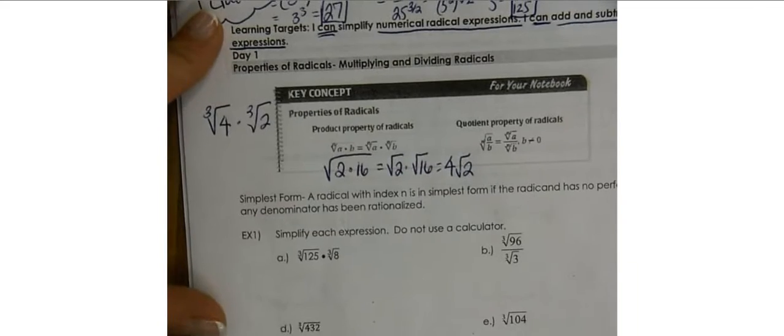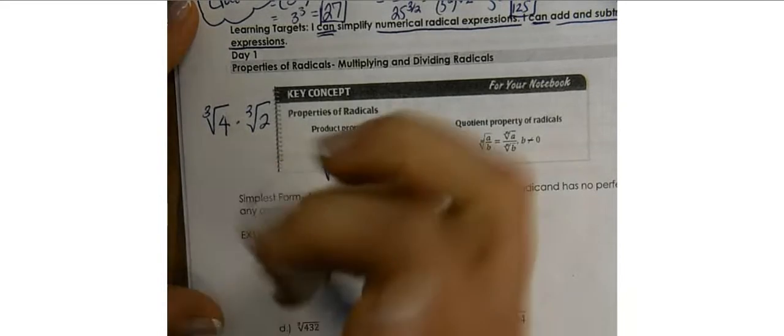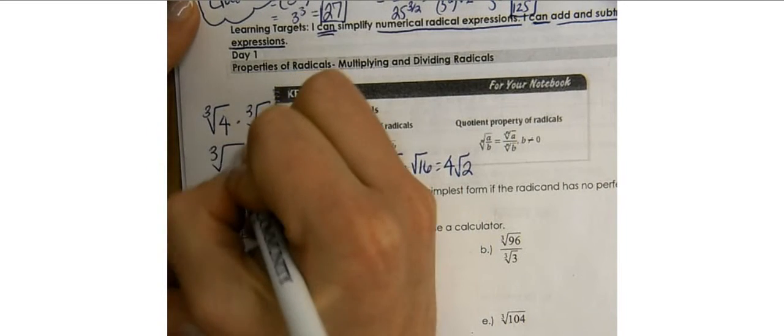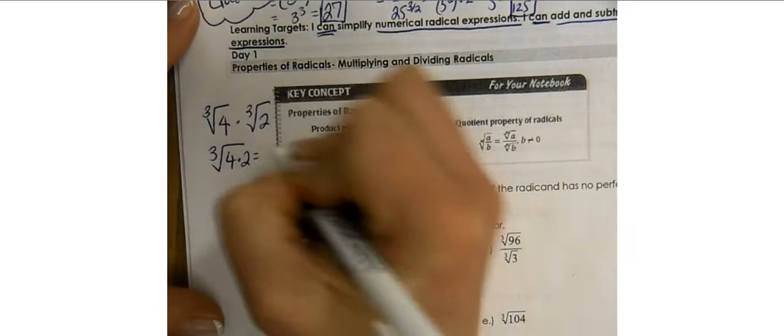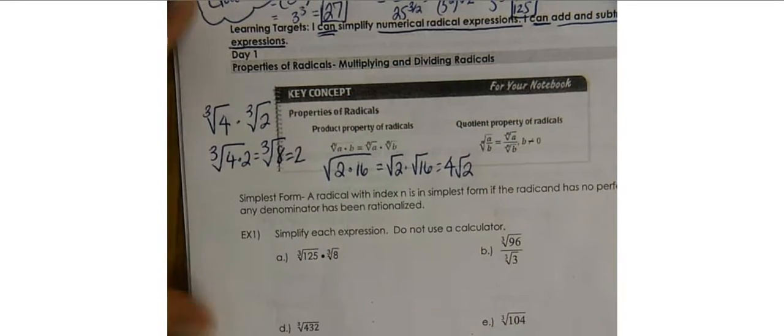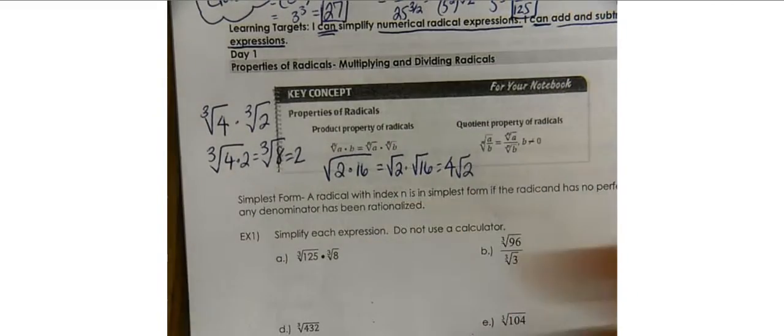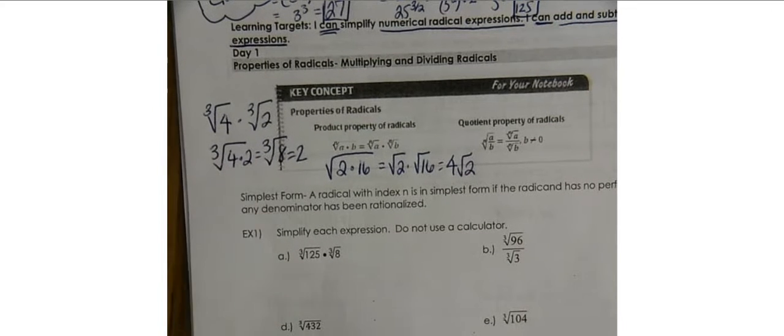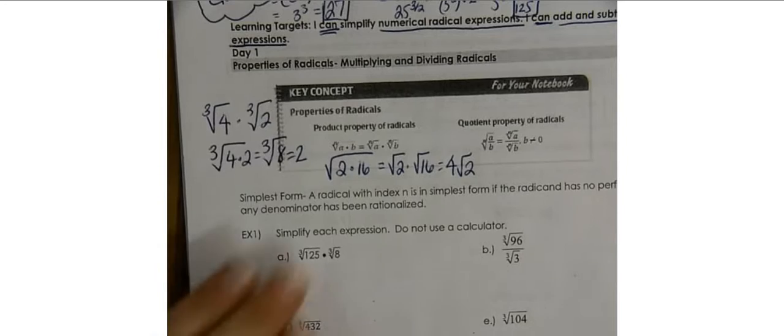We can combine these roots together to make this the cube root of 4 times 2, which is equal to the cube root of 8, and we know the cube root of 8 is 2. So both ways, that's what this property is talking about. You can expand or separate your product, or you can bring it back together as one product under the root. It just depends on what is given to you, but that's what the product property of radicals represents.